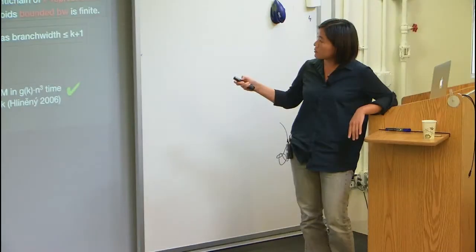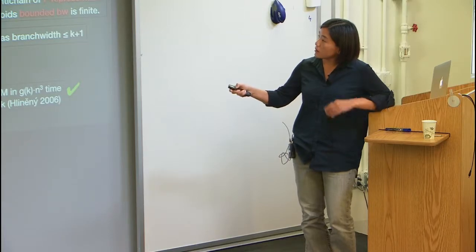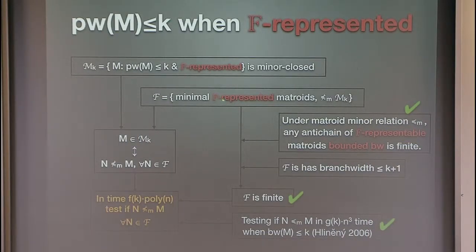So we have this. And now if you look at any minimal matroid which is not a minor of M_K, then it should have branch width at most K plus 1. If it had branch width K plus 2, then its pathwidth would also be at least K plus 2.